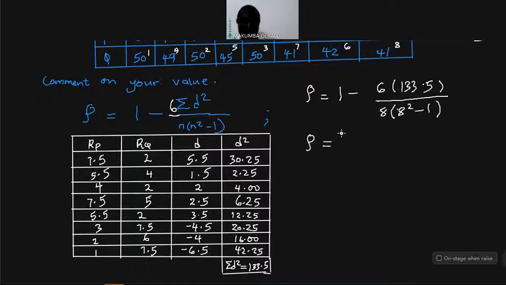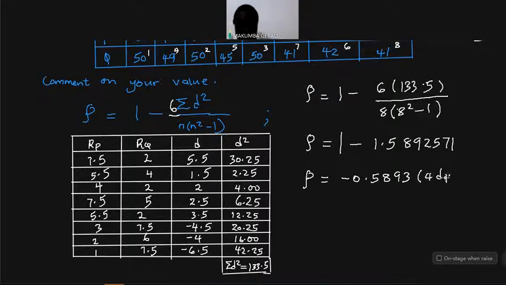So rho is equal to 1 minus, when you compute the numerator on the calculator, 1.5892571. When we subtract, we get rho as negative 0.5893, to 4 decimal places. This is our value of Spearman's rank correlation coefficient for this question.